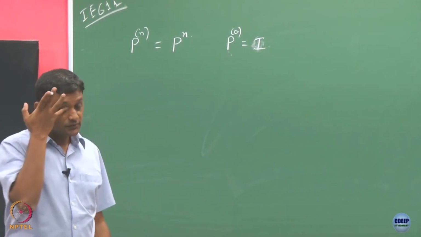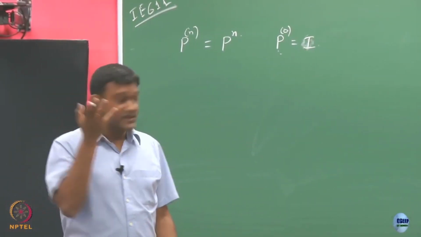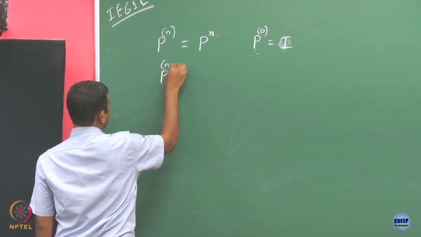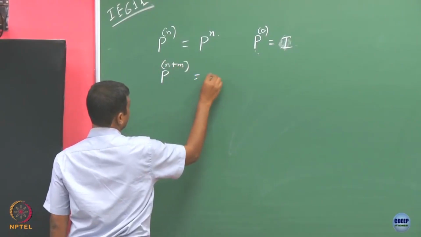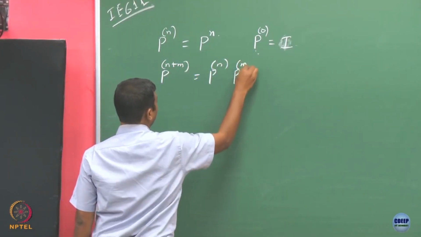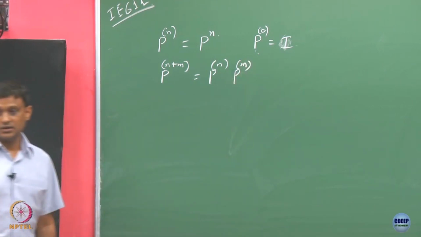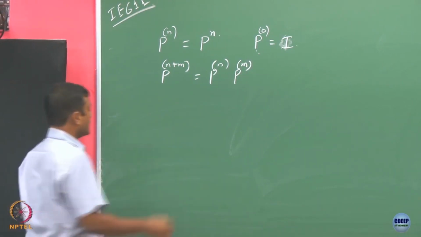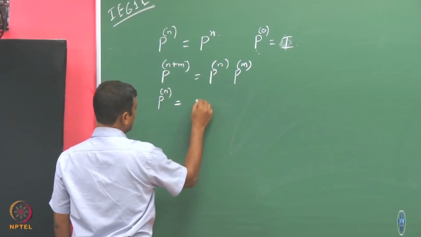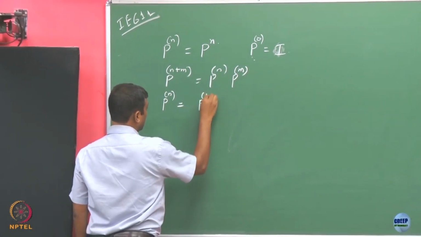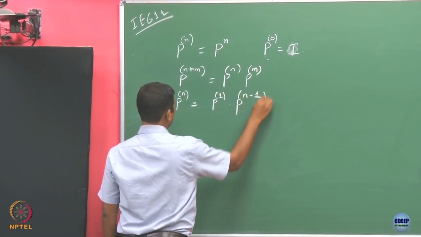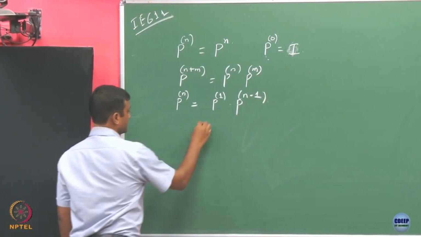In the last class we showed that P of n plus m can be written as a product P of n into P of m, and at the end we said that we could write it as P of 1 and P of n minus 1.